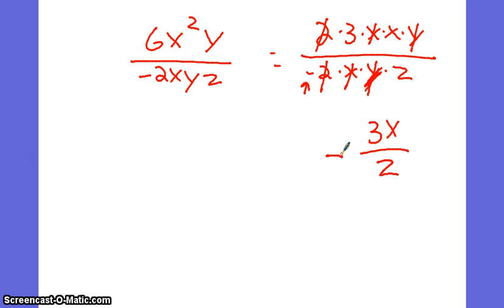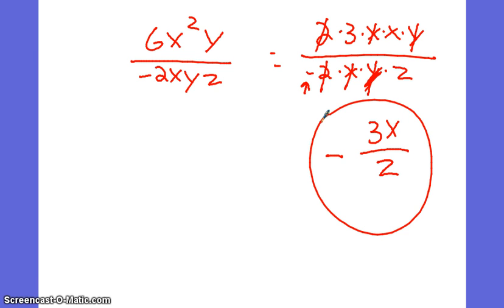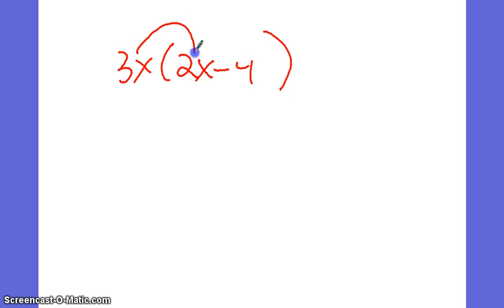So you can definitely do that. It's preferred to put the negative sign out front, because the whole thing is negative, not just one part of it. Now one more thing, we could use the distributive property to expand some of this too. We could do this. That means we're going to multiply 3x times here and here.